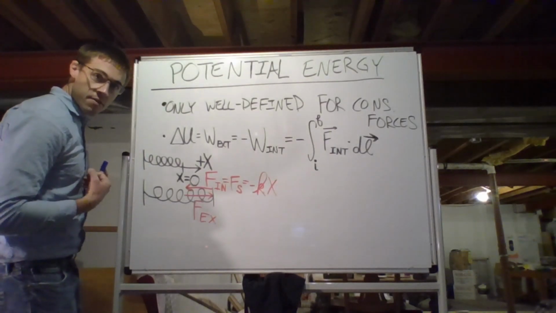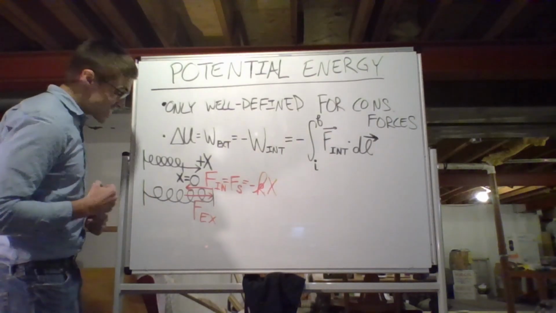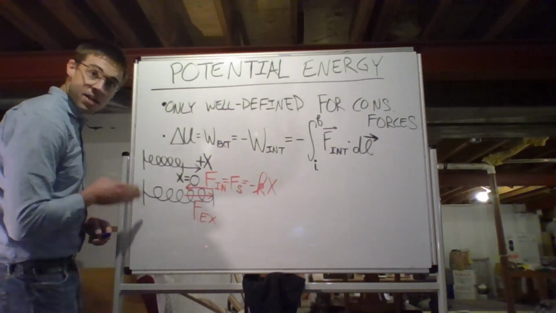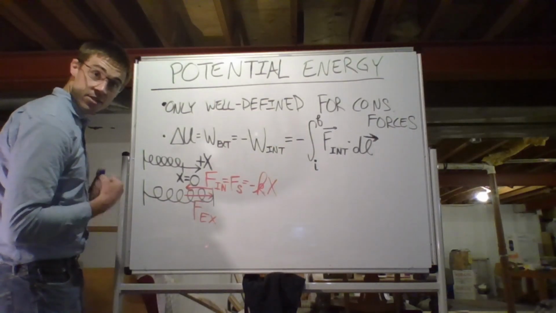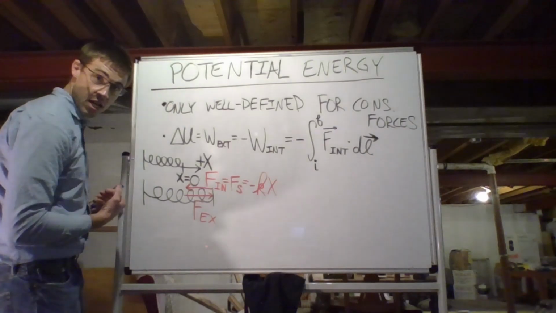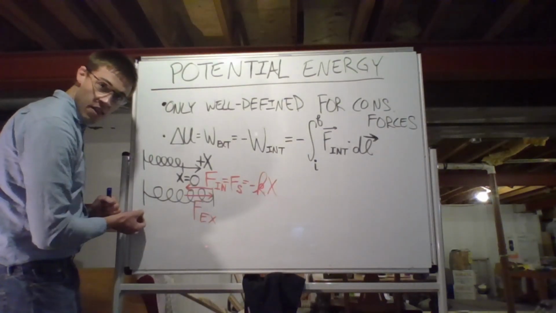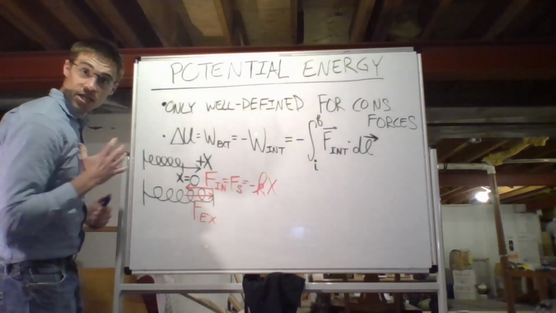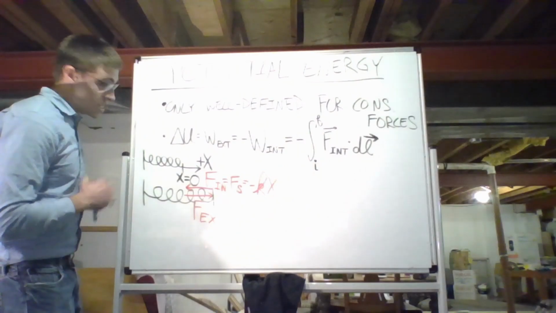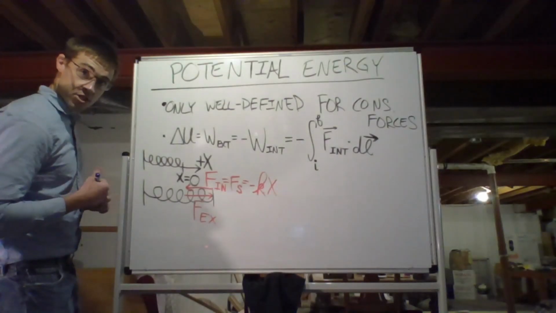It takes energy for me to do this, to stretch the spring out, and I have then given the spring some spring potential energy. It's not moving yet, so I haven't given it any kinetic energy, but I have put some energy in those coils that is there, ready to be converted into kinetic energy if I were to let go. So let's calculate what the elastic potential energy is.